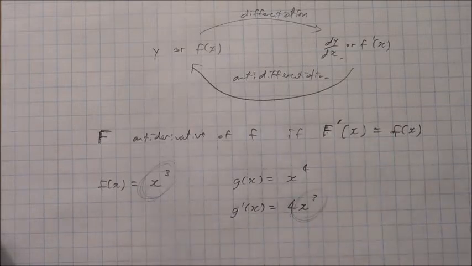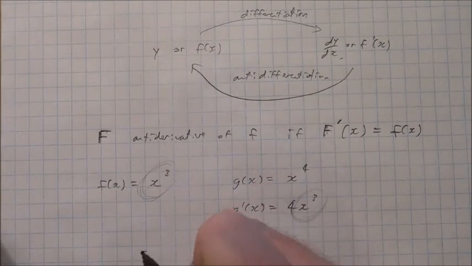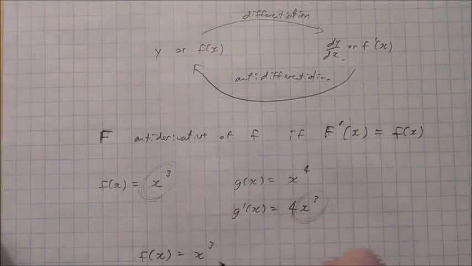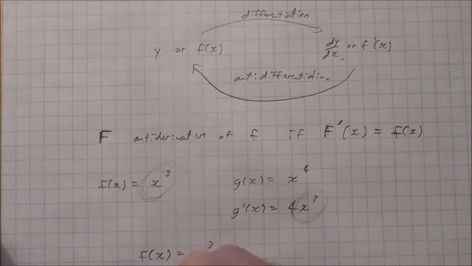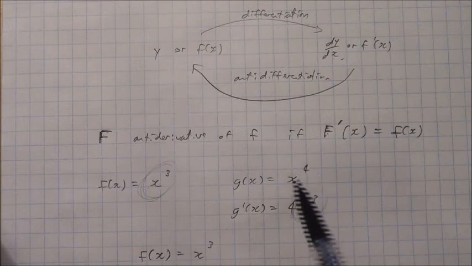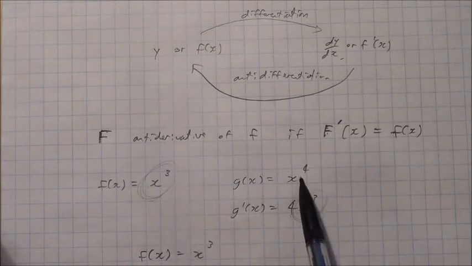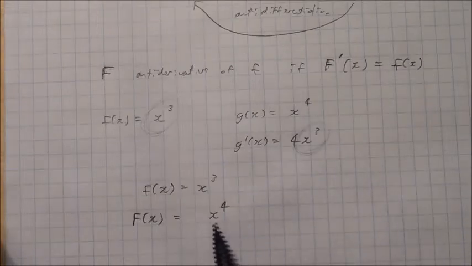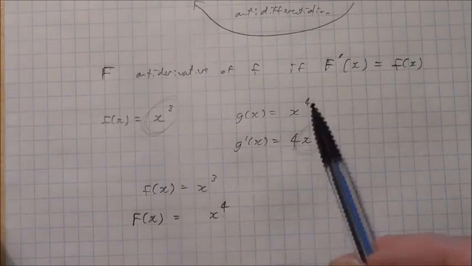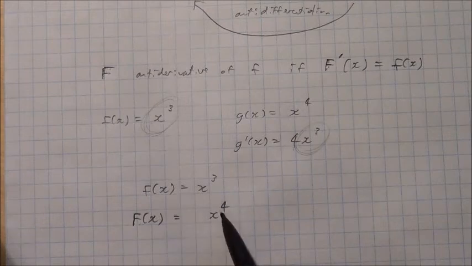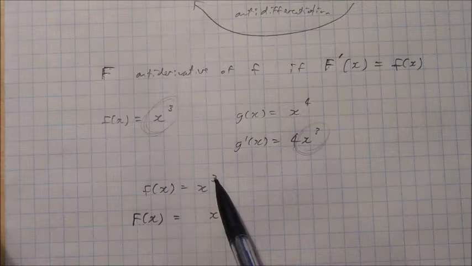So if f of x is x cubed, then uppercase F of x is going to be x to the power 4, because when you take the derivative of it, you get 1 degree less.